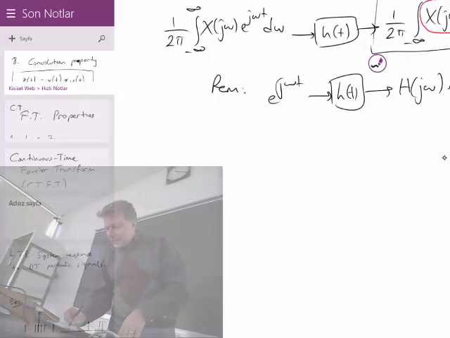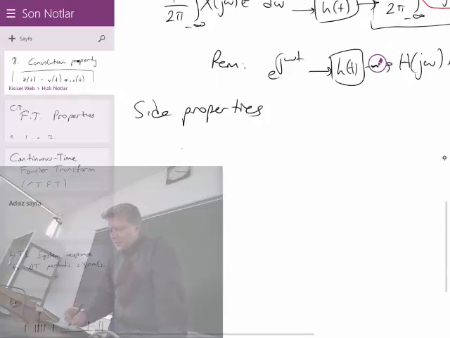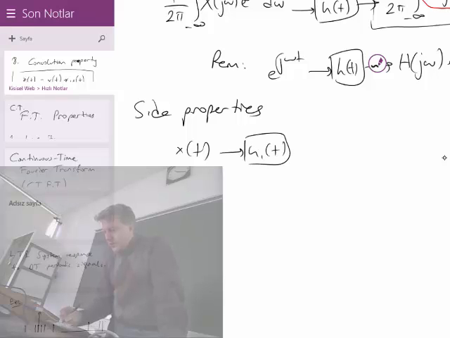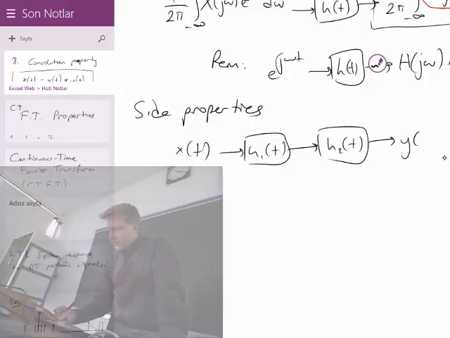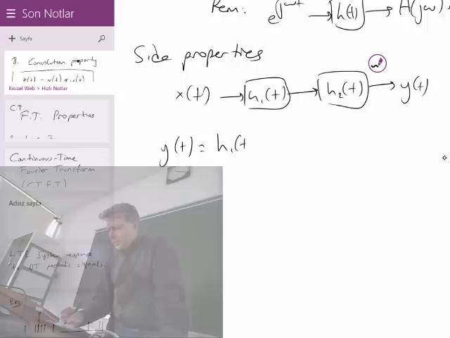Now, there are some side properties of system responses. As you may remember, if you have x of t going into h1 of t and its output is going into h2 of t to make y of t, we said that y of t is equal to h1 of t convolution h2 of t convolution x of t.